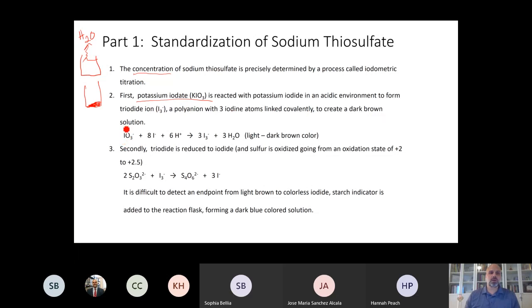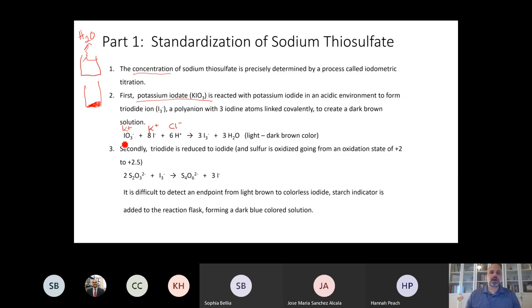We're ignoring the potassium ions, counter ions, and probably a chloride counter ion floating around for each of the protons. These are all spectator ions. They're not really participating in the reaction, so we're ignoring them.